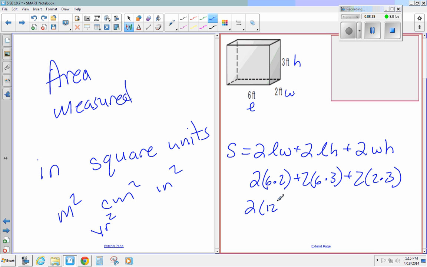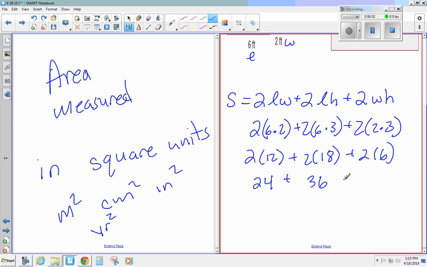2 times 12, 2 times 18, 2 times 6, and now we're just showing all of our work. This is where it's going to be very important for you to show your work, show the steps, absolutely write the formula down because it will help you.